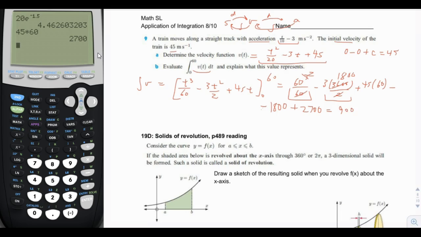So the answer is 900. And the 900, as there's no sign change in the middle of that, it would be total displacement in the first 60 seconds. Okay.